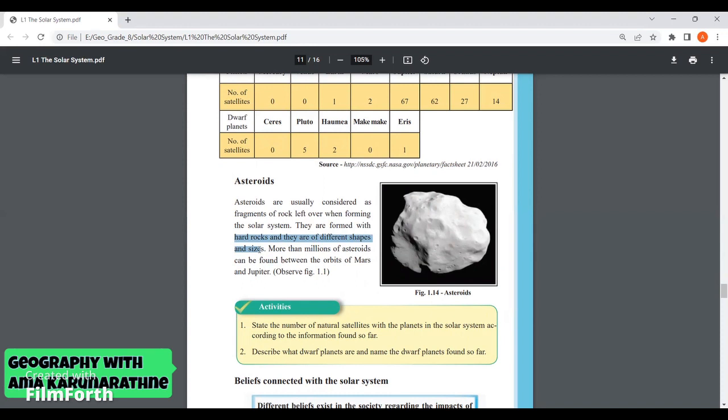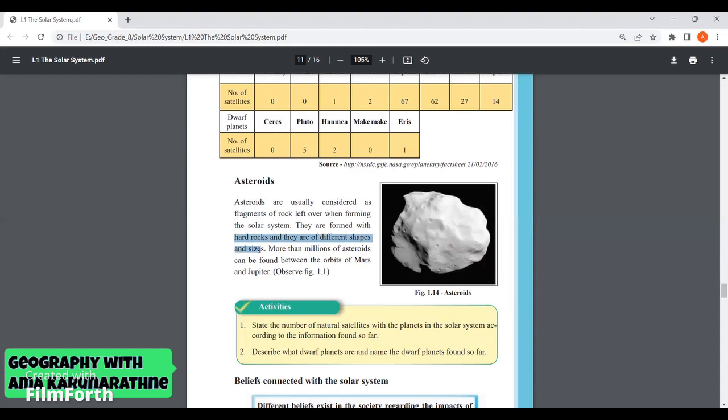You may have heard about the Big Bang theory. In simple terms, scientists believe that this solar system was formed as a result of the Big Bang, a huge explosion that created the solar system.